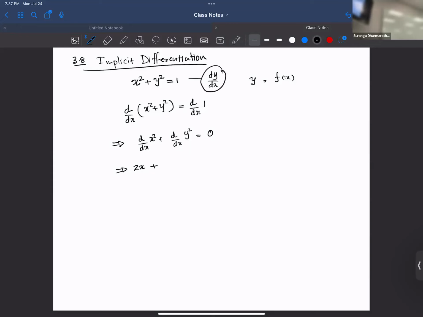Huh? No, my question was what rule do you follow? Because you want to find your derivative of y in terms of x, right?